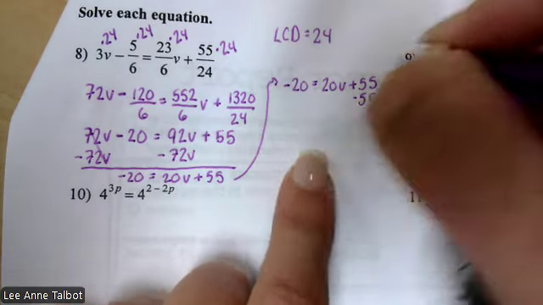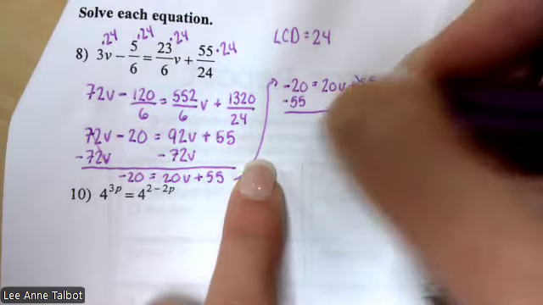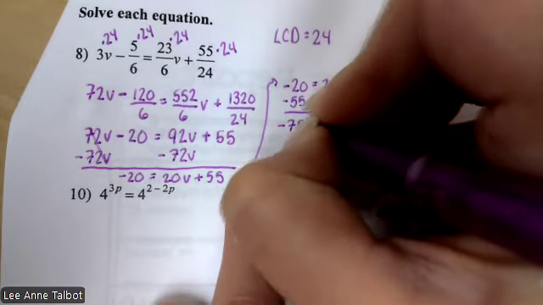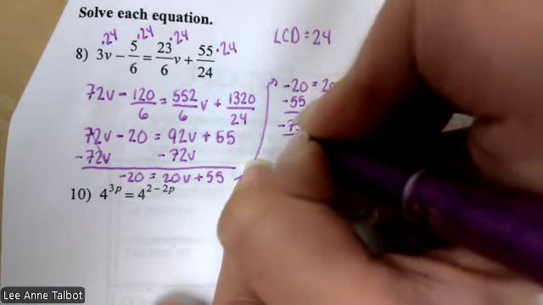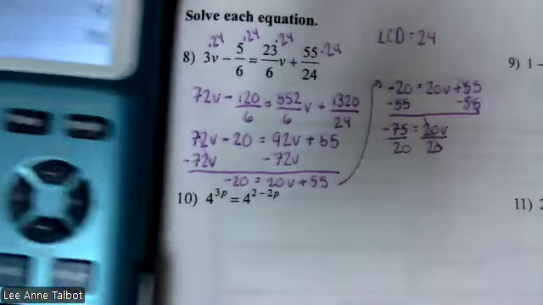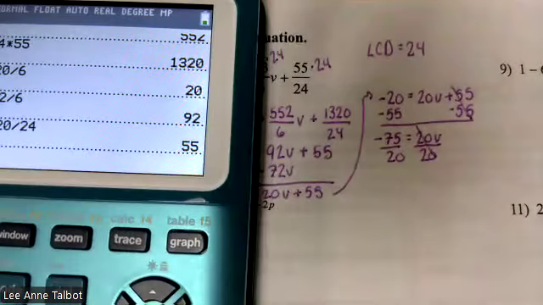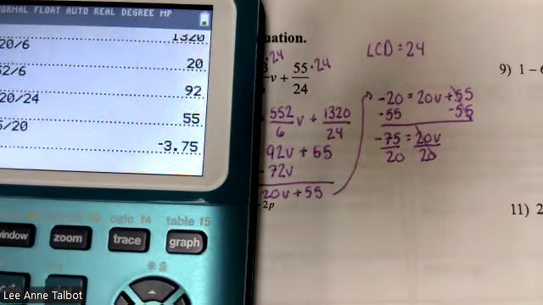Minus 55. Okay, what number goes into both negative 75 and 20? 5. However, too lazy.